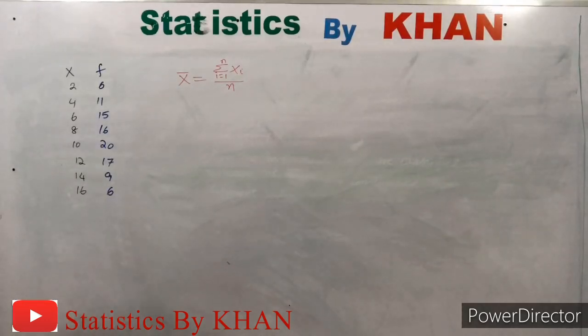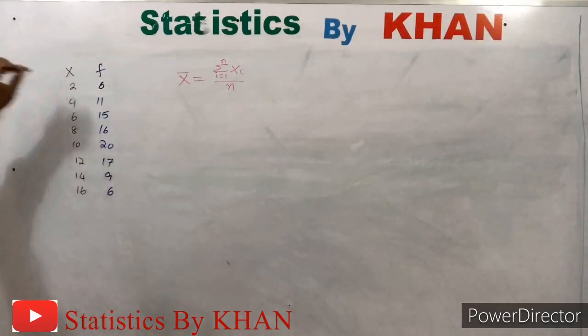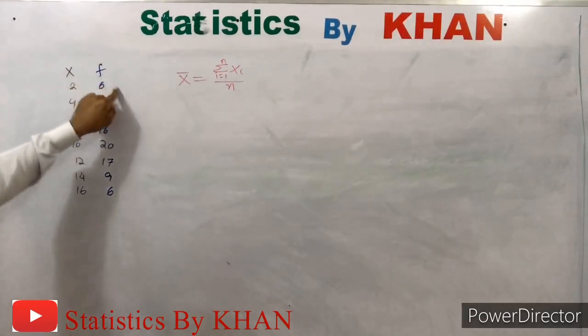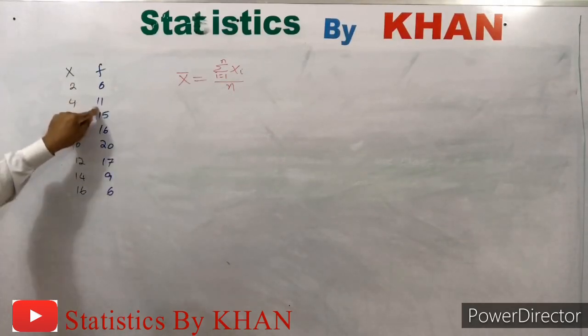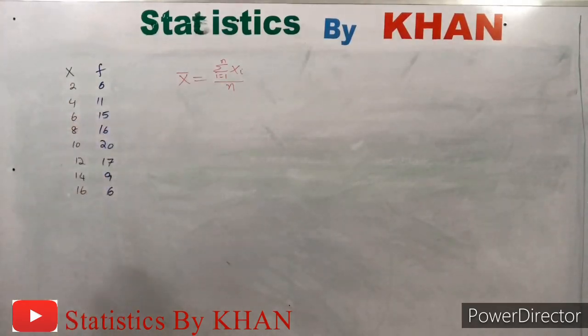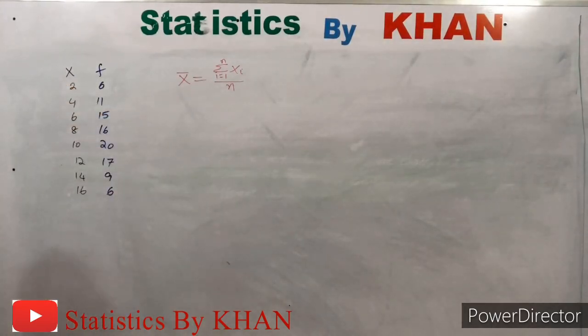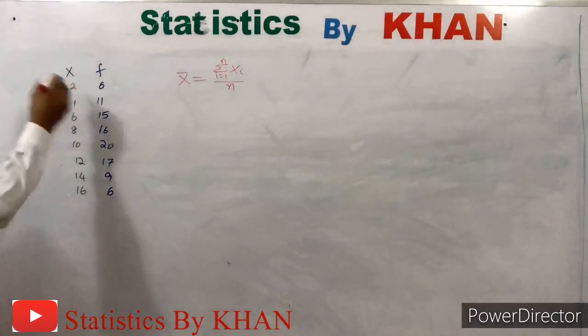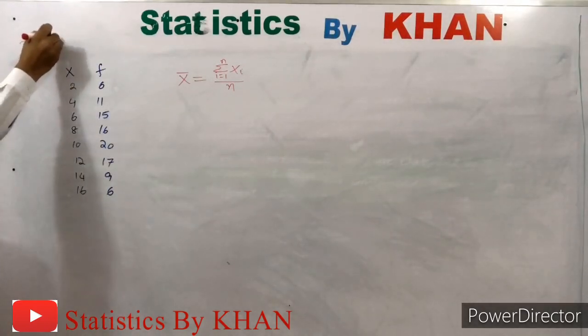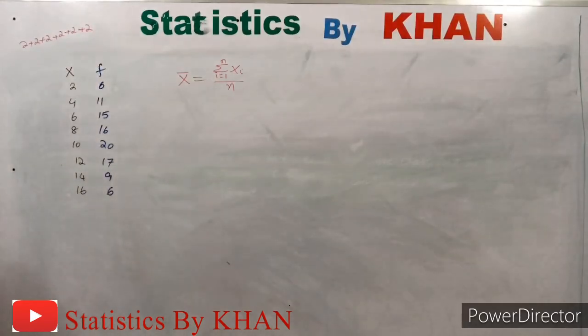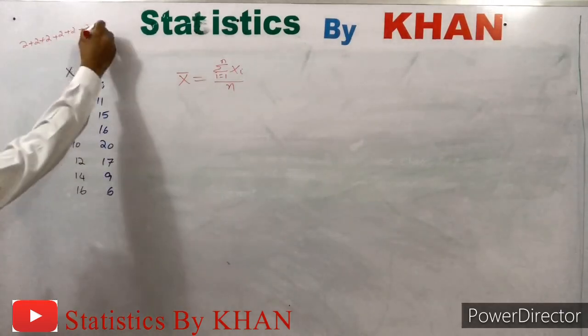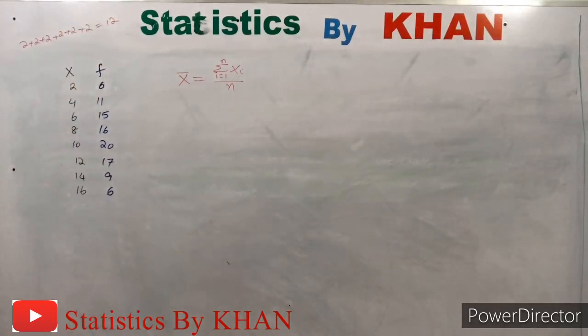From this data set, we have to add 2 six times, and we have to add 4 eleven times, because 4 has occurred in the data set 11 times and 2 has occurred 6 times. Instead of adding, if we multiply these two, we will get the same value. For example, 2 plus 2 plus 2 plus 2 plus 2 plus 2: this 2 has been added 6 times. After adding them all, we got 12. Instead of adding, if I multiply them, I get the same value.